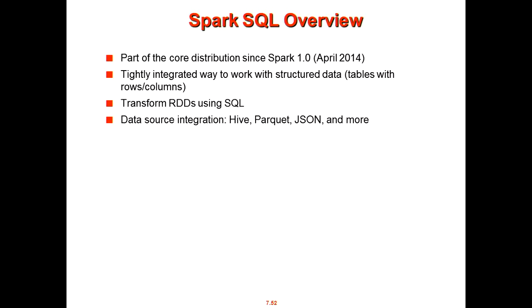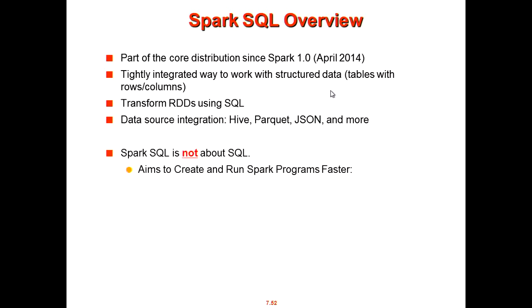And the idea is to transform the RDDs using SQL, and the data source can be from different sources, such as Hive or JSON. This should be familiar to you, right? Just JSON format, data type.